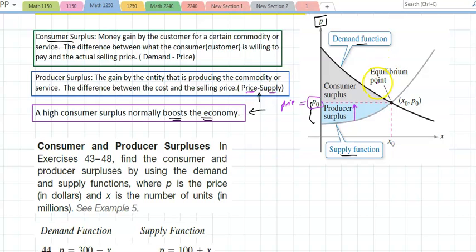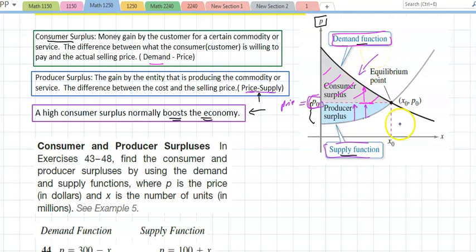If I wanted to find the gray area, I will take the top, which is the demand, minus the bottom, which is the price. So the gray area is the demand minus the price, and the blue area is the price minus the supply. I'm providing this on your exam to help you.